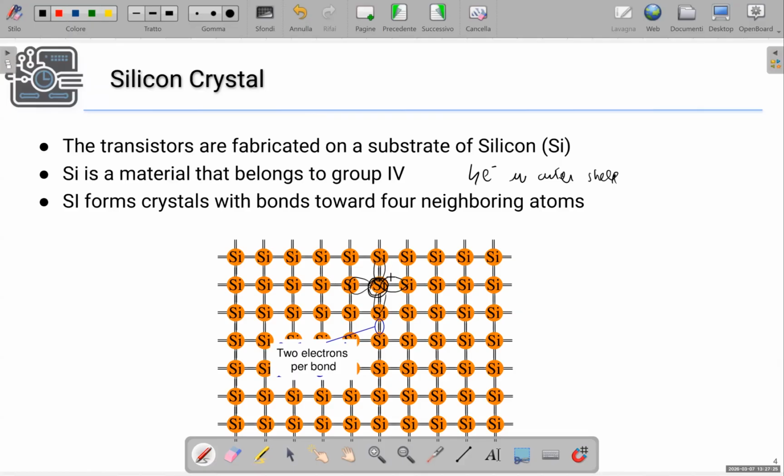This structure, from an electrical point of view, can be regarded as a semiconductor. It means that it's neither a good conductor like a metal, nor an insulating material like glass or ceramic materials.